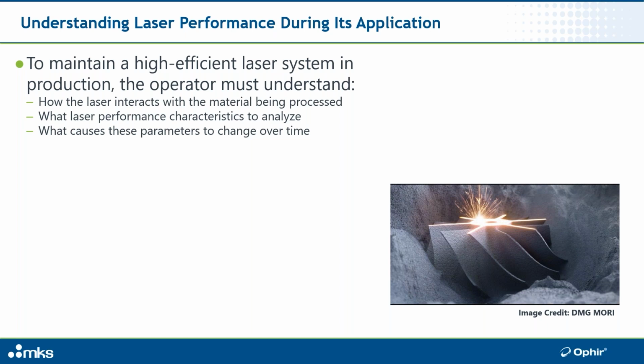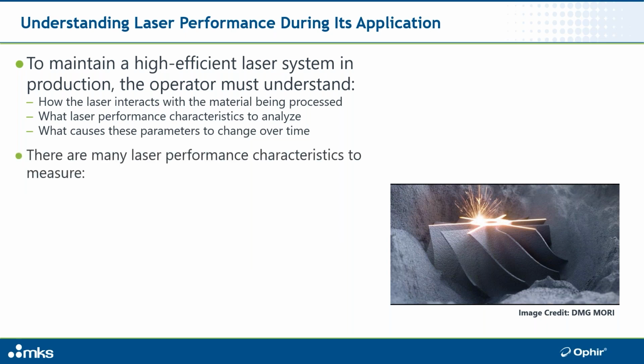You must understand how that light is behaving, that it's focusing down to a point, some kind of shape, some kind of roundness, some kind of possible variability. The laser operator must understand what laser performance characteristics to analyze, when to analyze them, and what causes these parameters to change over time.